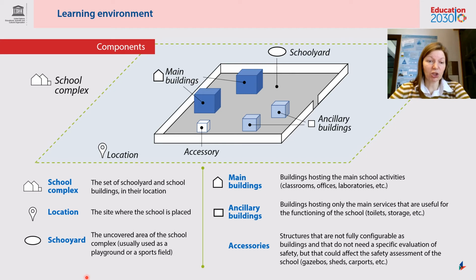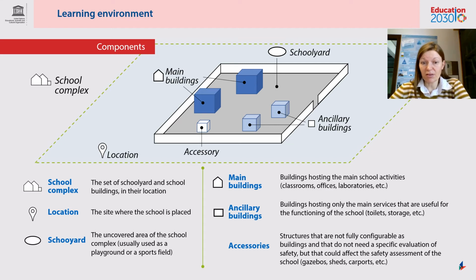And the location is the site where the school complex is placed, while the schoolyard is the uncovered area of the school complex, and usually is used as the playground or sport field for children to play during school hours.